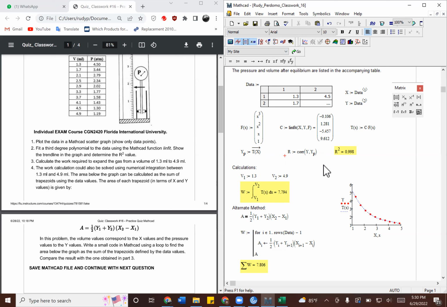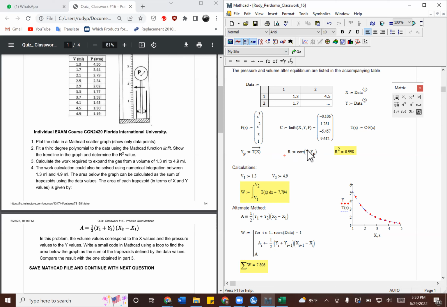The way she explained it yesterday was, let's say, for example, you're referring to the coefficient matrix 1.281, then you would use bracket in the Y bracket, 1, comma 2 or something like that. So MathCAD only gives you R with this CORR.